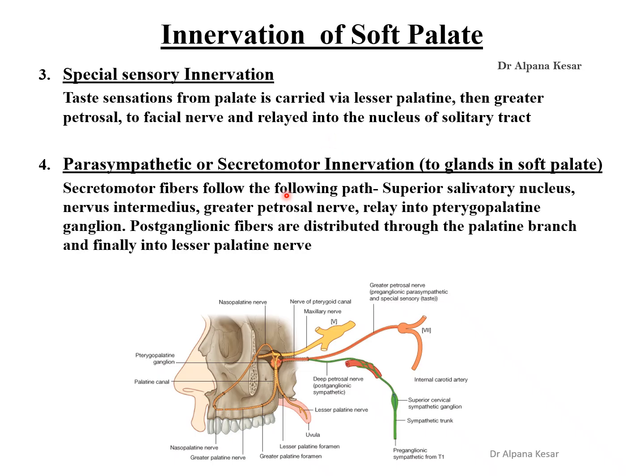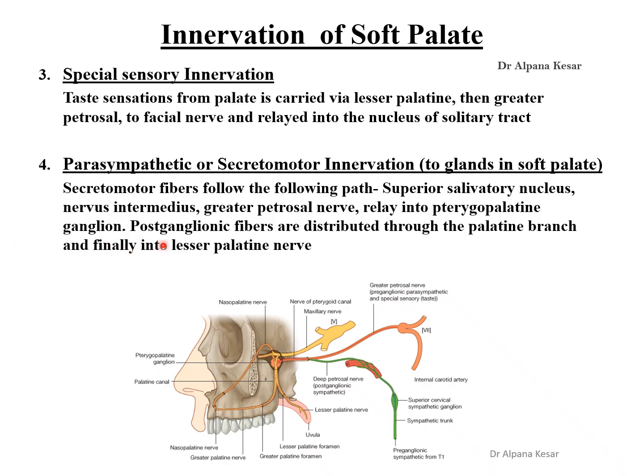The parasympathetic or secretomotor innervation to the glands in the soft palate. The pathway followed by the secretomotor fibers is: it begins in the superior salivatory nucleus, passes into the nervus intermedius and the facial nerve, then into its greater petrosal branch, and relays into the pterygopalatine ganglion.